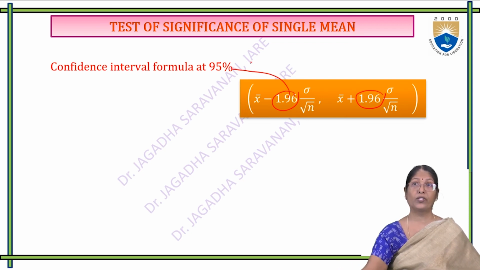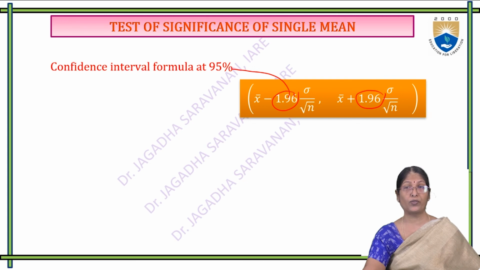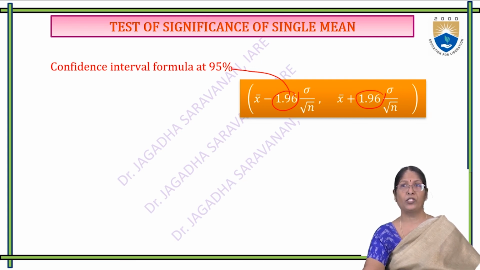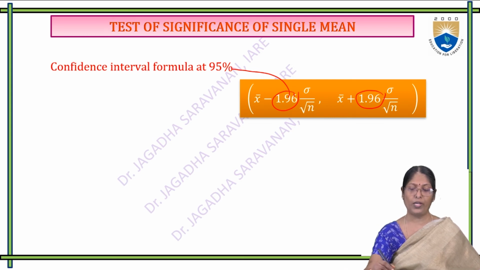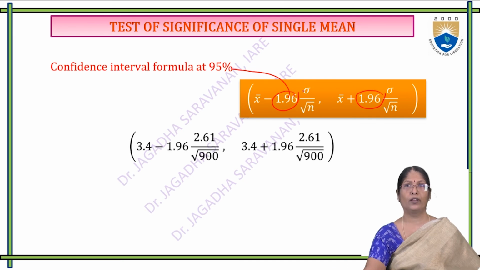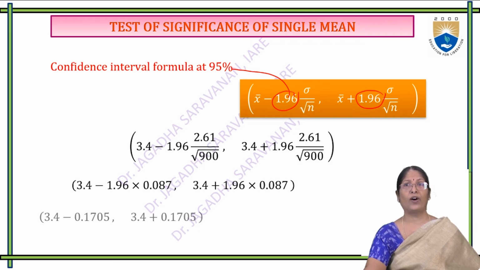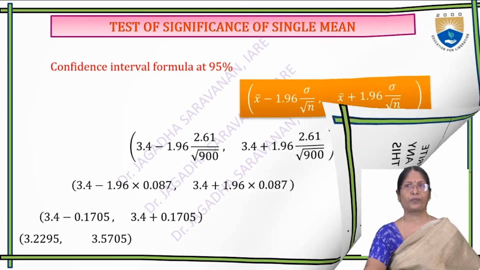Regarding 95%, for 99% or 90%, whatever percentage is given, the corresponding tabulated values are to be placed in these places. Now, regarding our problem, the data are replaced in the respective places, and the final output we obtained is 3.2295, 3.5705.